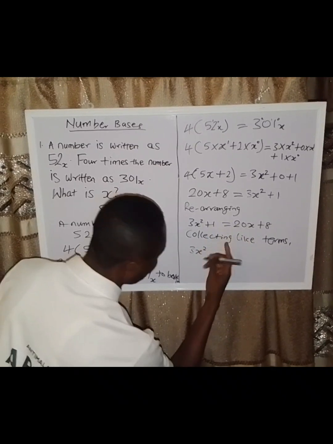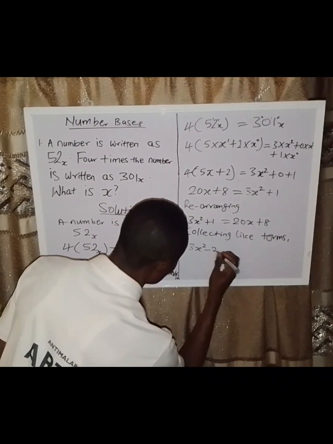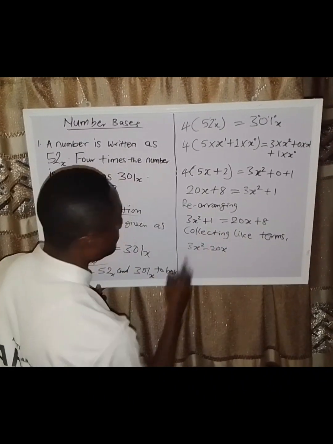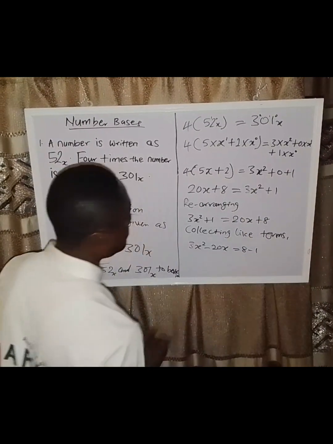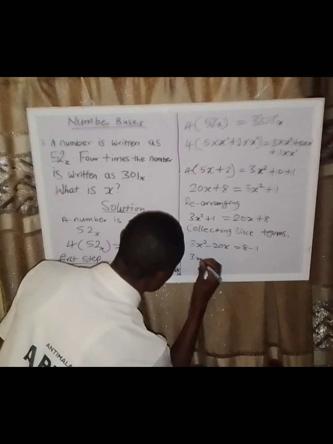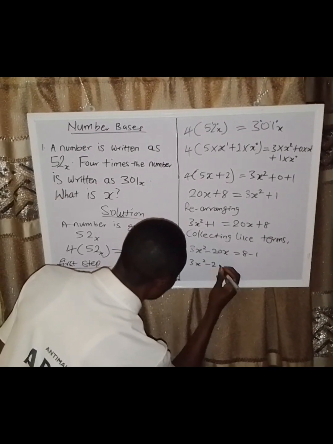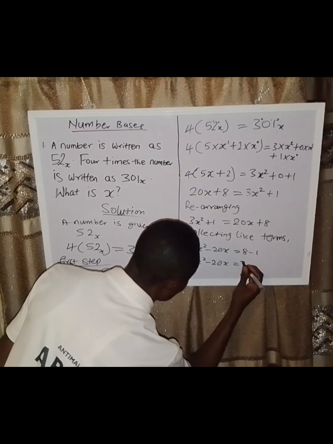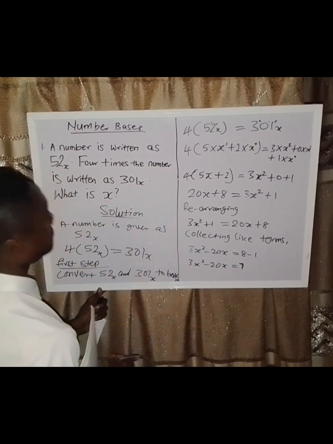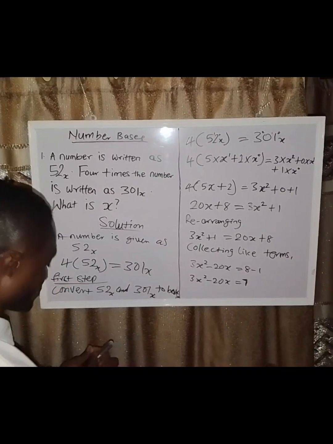When 20x crosses the equality sign, it becomes negative, minus 20x. I will take 1 to the other side, the constants together, 8 minus 1. So with this we have 3x squared minus 20x is equal to 7. Right? So let's continue from here.